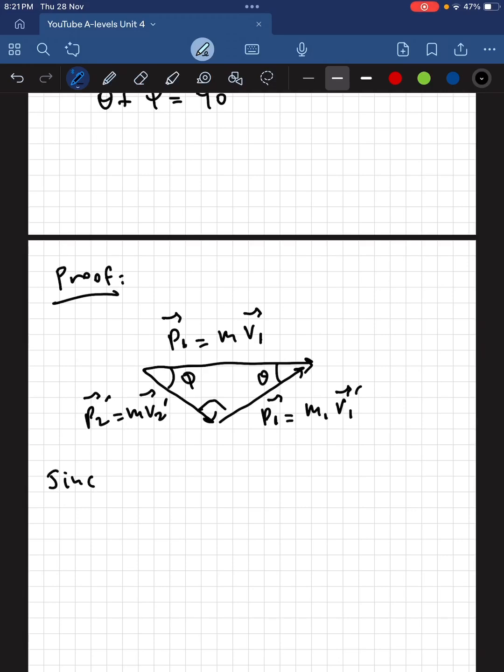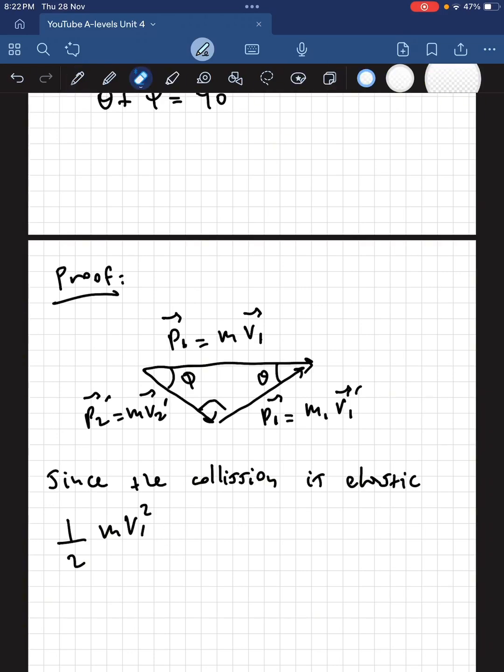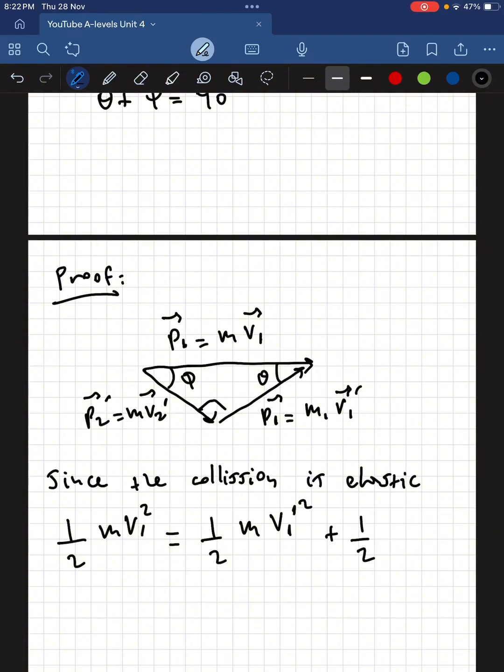Okay, so since the collision is elastic, then 1/2 m v1 squared, which is the kinetic energy before, is equal to 1/2 m v1 prime squared plus 1/2 m v2 prime squared.